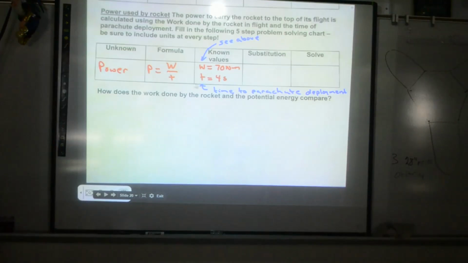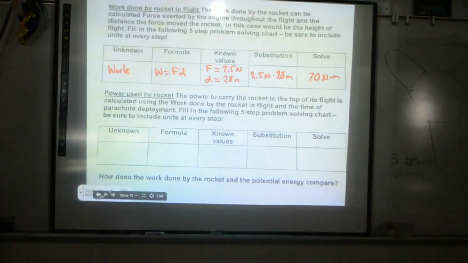So we could do something to change the time, perhaps a rocket that launches longer, or we could look at the work and notice work comes from the force. If we got a rocket engine that had more force, perhaps that would do something. So I would discuss something along the lines of those two factors.